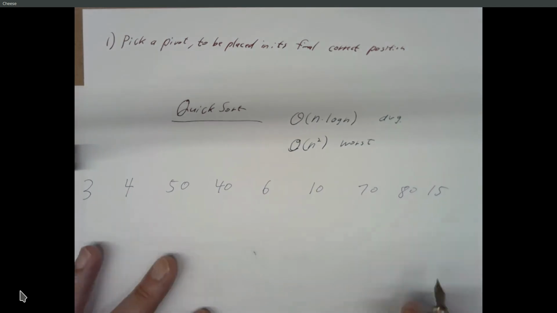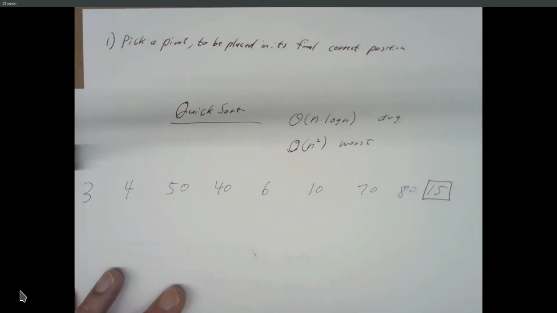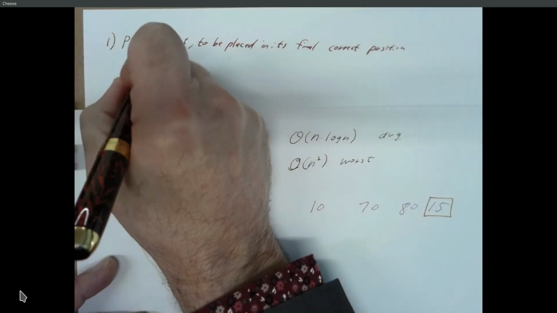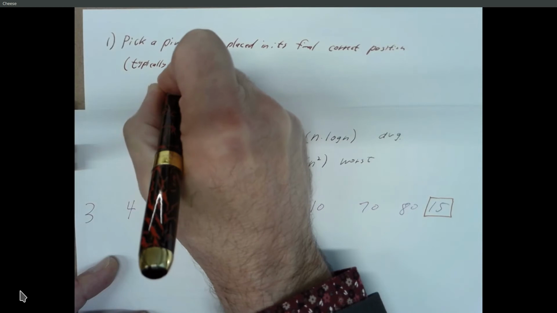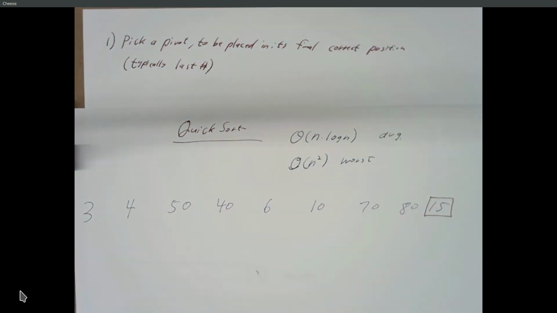And usually we're just going to pick the last number in the list. That's a pretty typical choice of pivot. So typically just pick the last number.